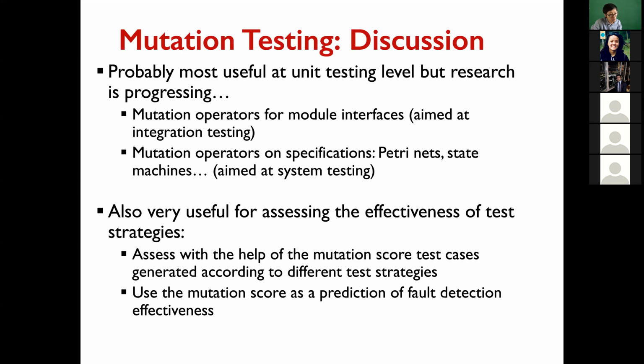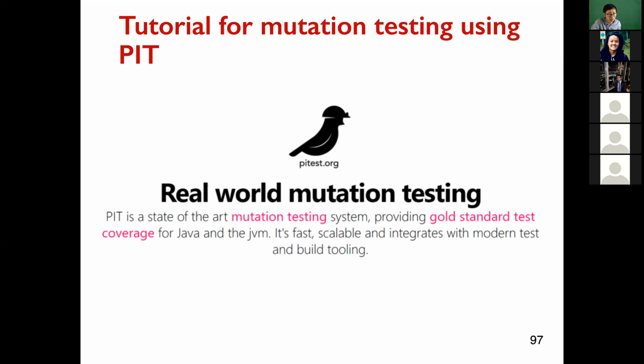And how do we run mutation testing? One tool is PIT, or PI test. It's a real-world, state-of-the-art mutation testing system providing standard test coverage for Java and the JVM, and it also provides mutation coverage, and it's fast.